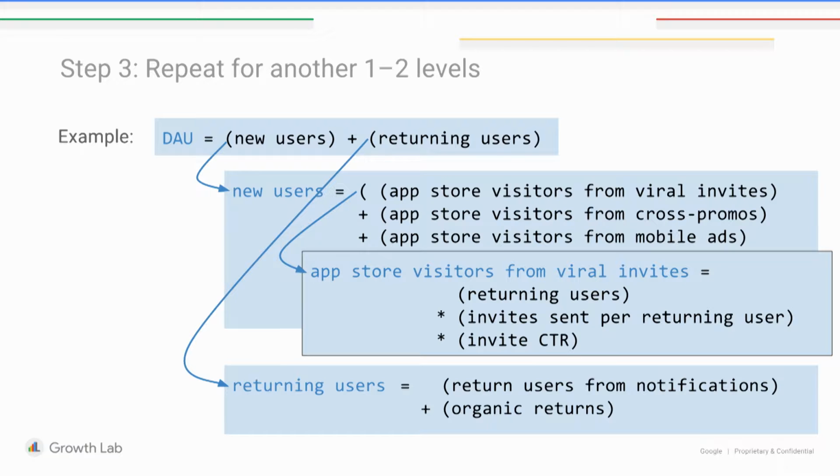That's going to give me the total number of invites sent to potential new users, times the click-through rate of those invites that are sent. Multiply all that out, and that gives me the number of visitors or the number of new users that came from these viral invites.